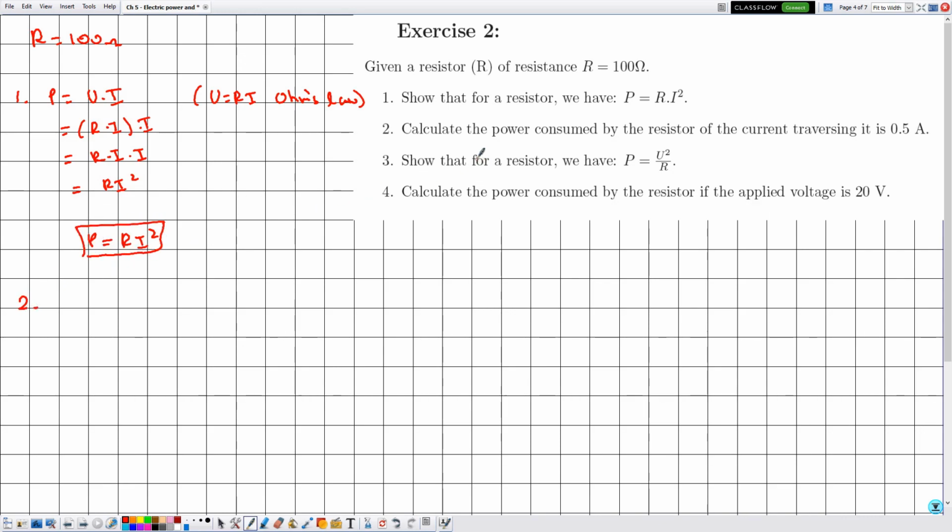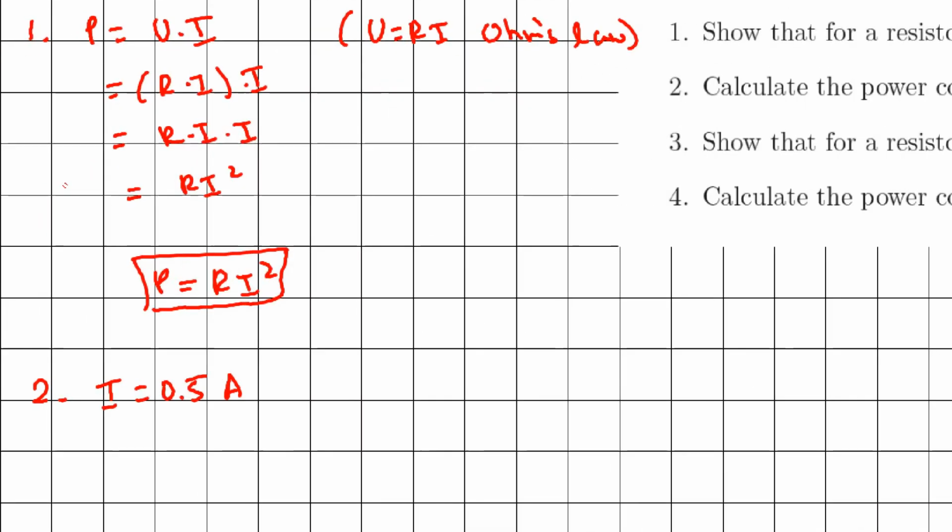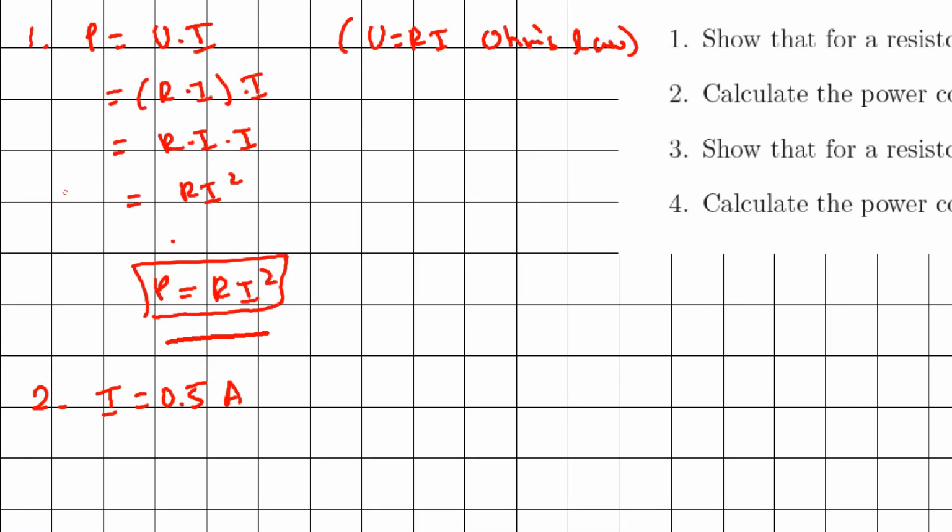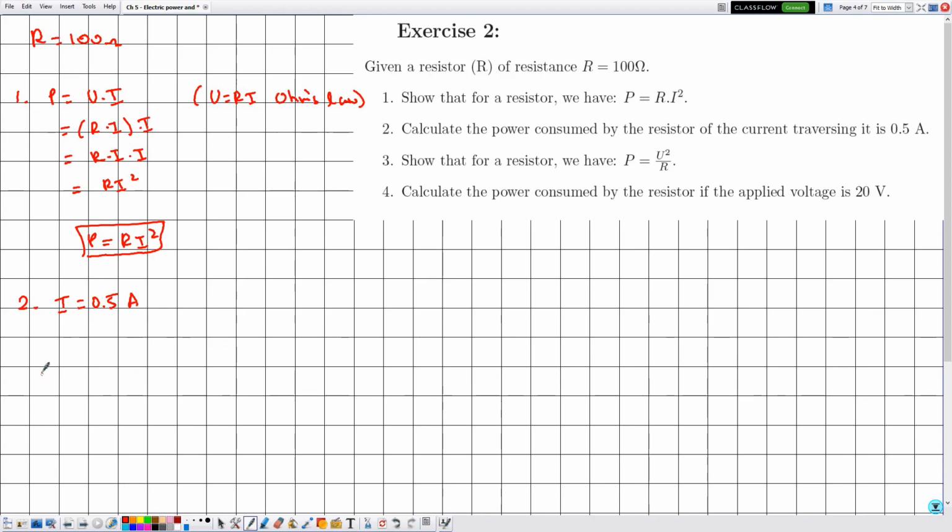Now in number 2, they are telling me to calculate the power consumed by the resistor if the current traversing it, I, is equal to 0.5 amperes. So we have the resistance R and we have the electric current I, and they are telling me to calculate the power. Then we will use this form because we have the resistance and we have the electric current.